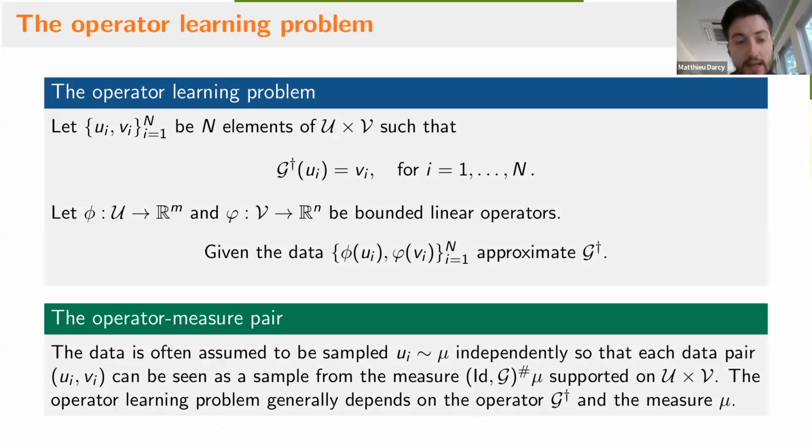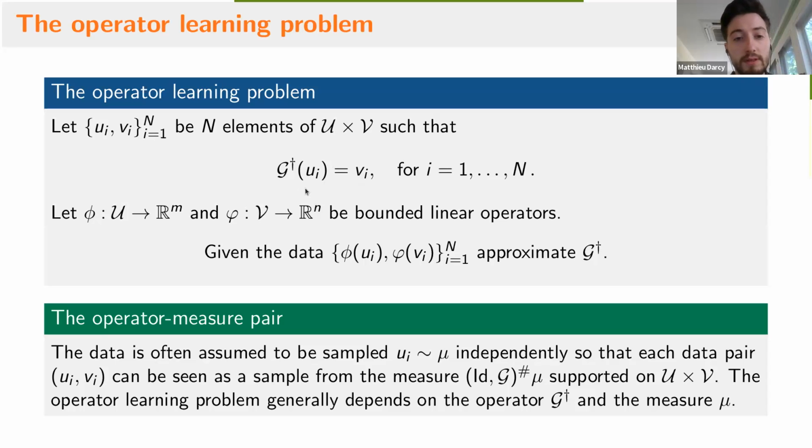So like I said, typically the operator learning problem is trying to solve this sort of interpolation or regression problem, but where UI and VI are infinite dimensional objects. They live in function space. And so, of course, you can't give these to a computer. You have to discretize.